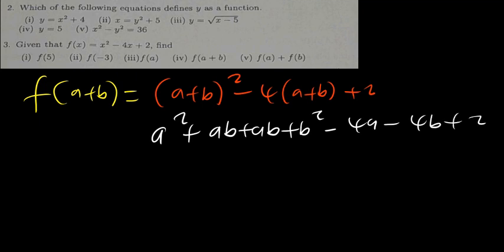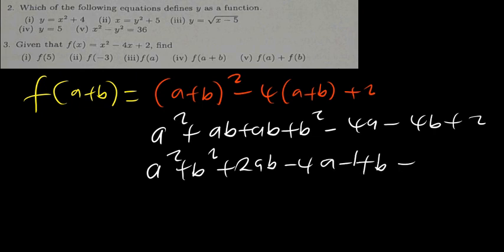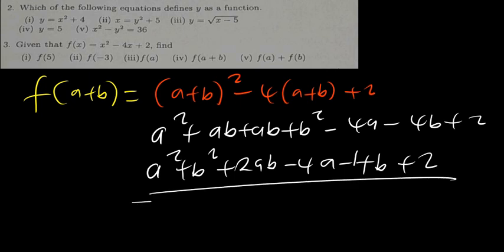So a squared plus b squared plus 2ab minus 4a minus 4b plus 2. If you want, you can end there, or you can go all the way. It's the same thing.